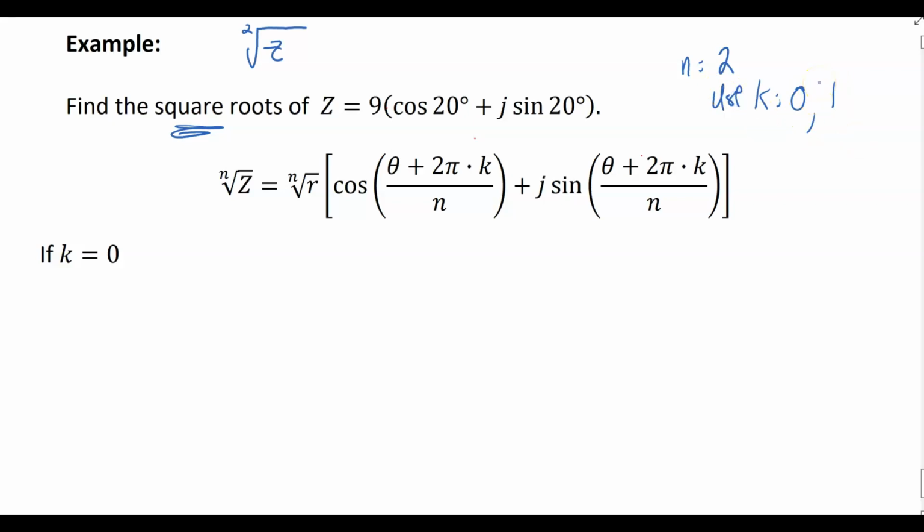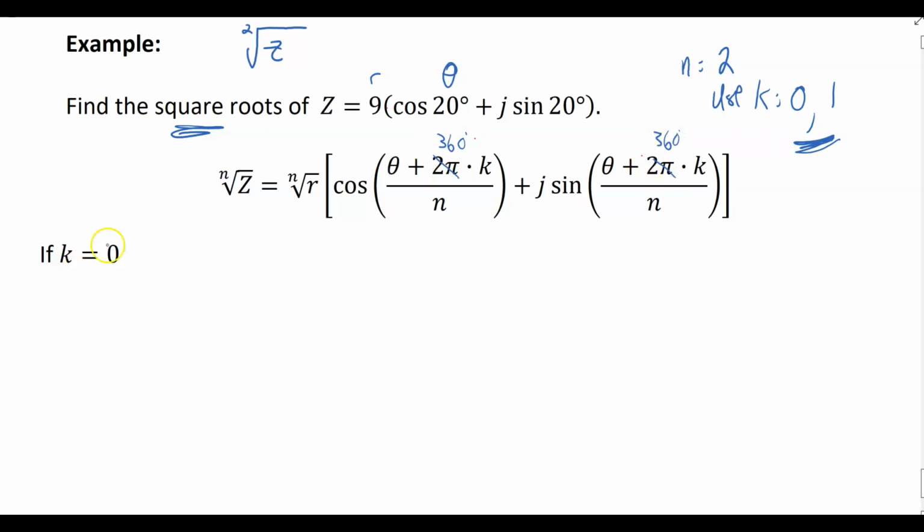Those are the two values we will use to find the 2 square roots of this complex number. We notice that our r is 9 and our theta is 20 degrees. Instead of 2 pi, I'm going to use 360 since it's in degrees.